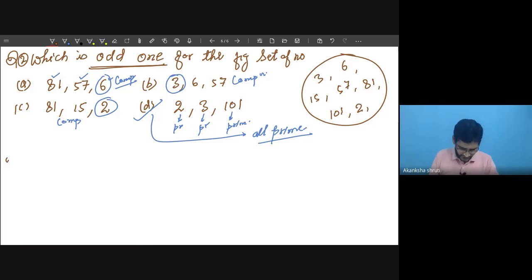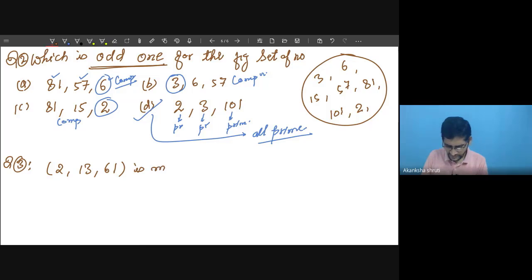Write down one more question. Make a group rather than a figure. This was asked in your examination. 2, 13, 61 is most likely to which of these?